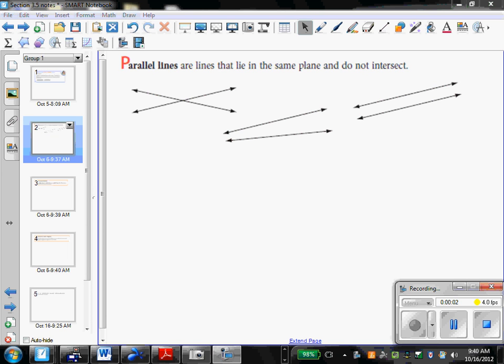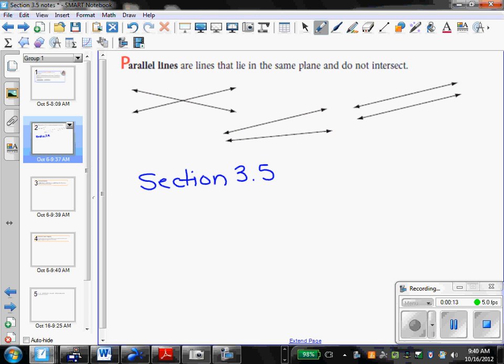Okay, class, this is section 3.5, constructing parallel lines. From your definitions in chapter 1, you should already have the definition of parallel lines in your notebook.